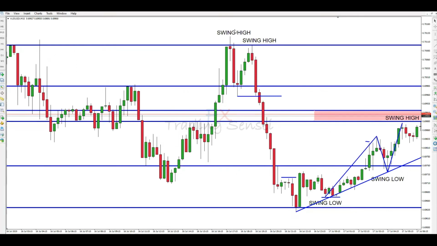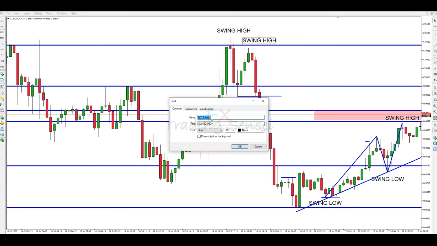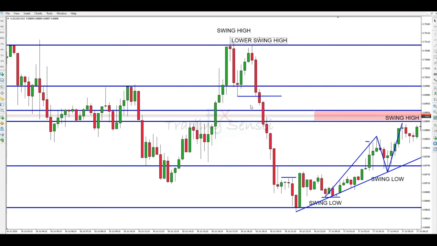Here would be a swing high. This would be a lower swing high. So we have just the opposite of what we see here. This is a swing high. This is a lower swing high. So let me just edit this one to say a lower swing high, because we're actually seeing the reverse of what we saw before. And this, of course, would be a higher swing low.